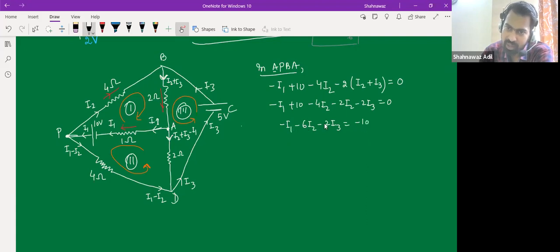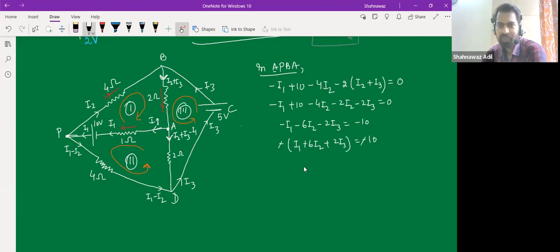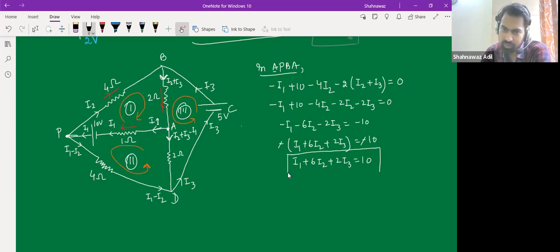So minus minus minus, we take common. So this would be minus 6I2 plus 2I3 and then this is minus. Minus minus cancel. And we have the first equation, which is this.